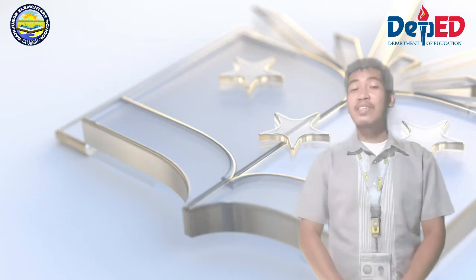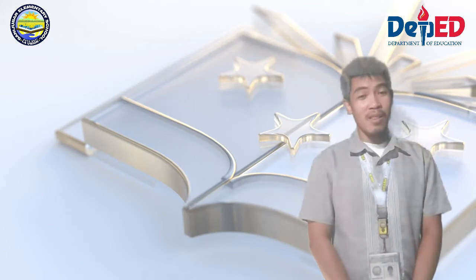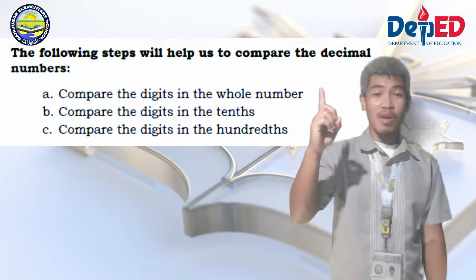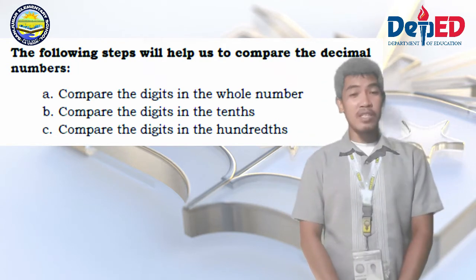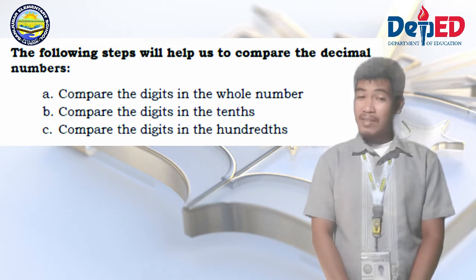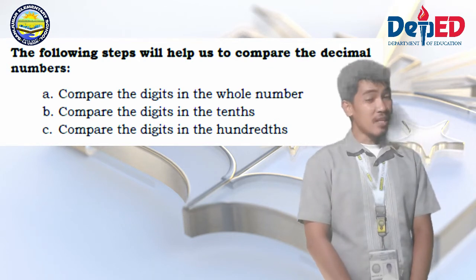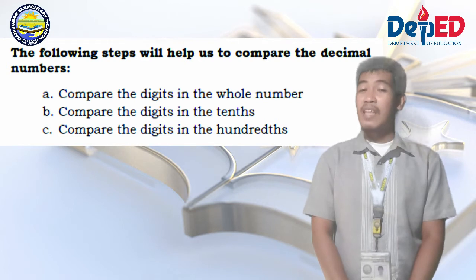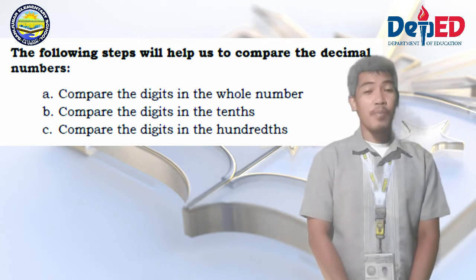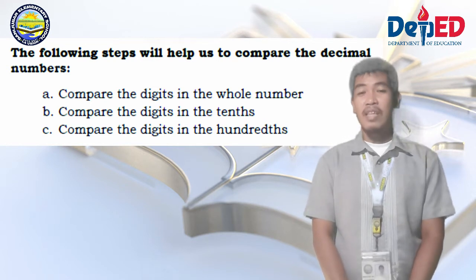Now, let us try to compare decimal numbers. In comparing decimal numbers, compare the digits in the whole number. Next, compare the digits in the tenths. And compare the digits in the hundredths.